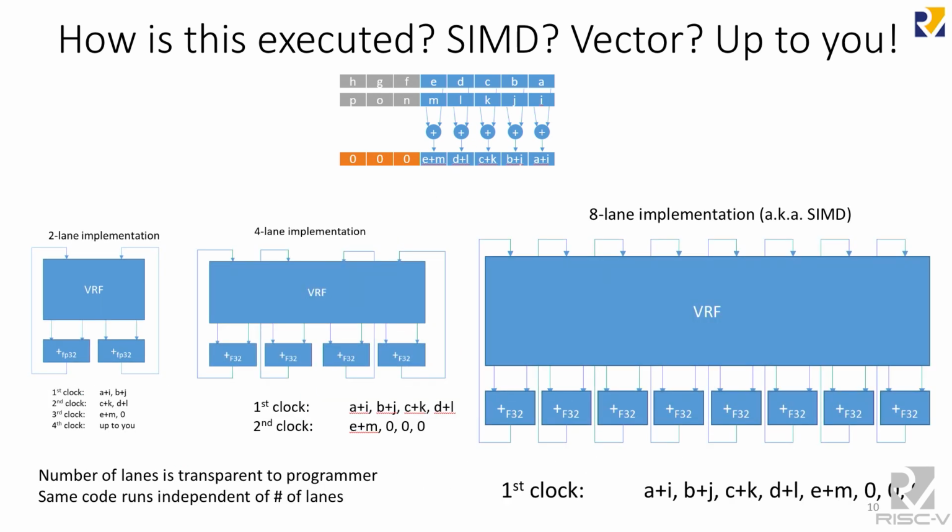The ISA allows you to just put in 8 lanes and do all of them in one cycle, which is what SIMD is all about. So you can do with this ISA any of these or all of them, or you can have different products in your product lineup with different lanes and whatnot. So I'm really hoping this slide puts the debate between SIMD and vector to rest, but I'm just an optimist.